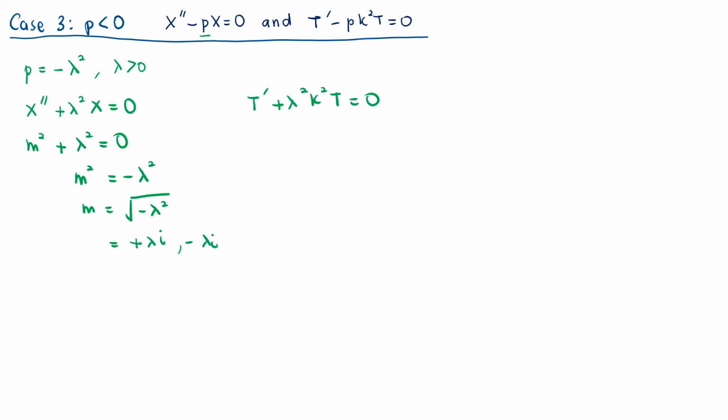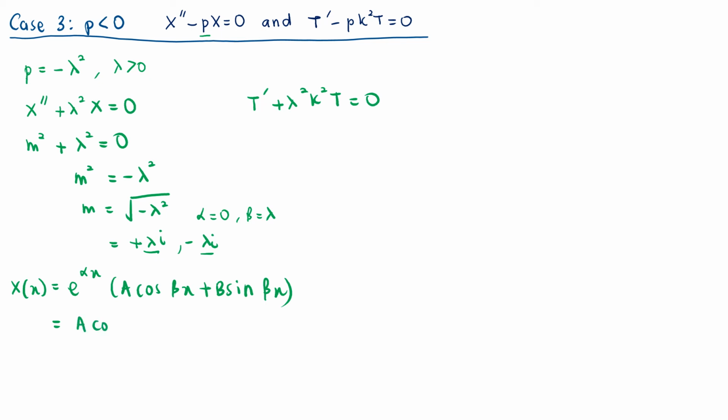So since it involves the complex root, the equation of x becomes e to the power of alpha x times a cos beta x plus b sine beta x, where alpha here is equal to 0 and beta is equal to lambda. So e to the power of 0 we get 1. So a cos lambda x plus b sine lambda x.